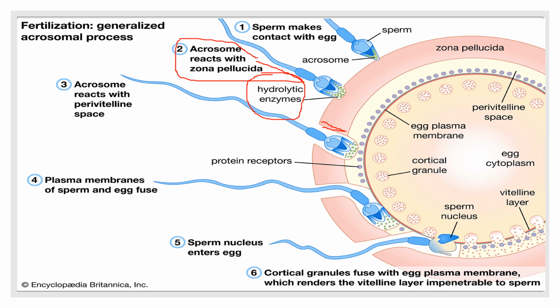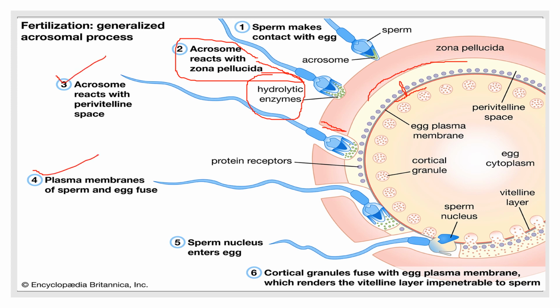Then the acrosome reacts with the perivitelline space. This is the vitelline membrane and this is the plasma membrane of the ovum, and the space in between is your perivitelline space. That is step number 3.